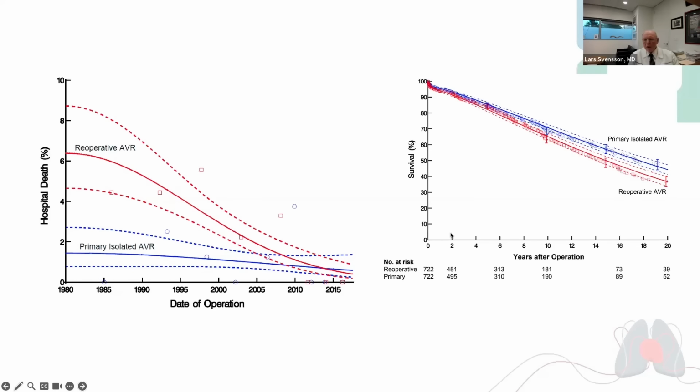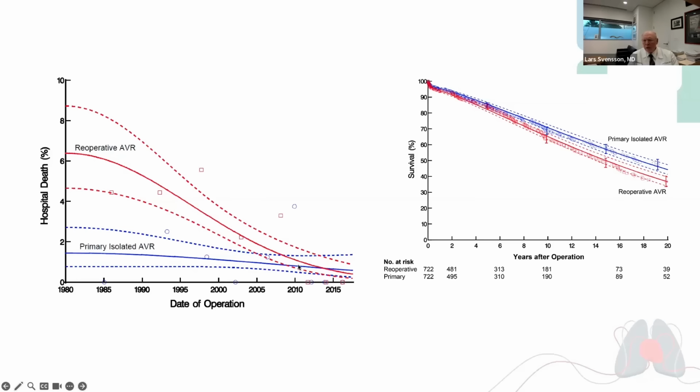One other comment for those of you who are concerned about biological valves: there is a lot of controversy at the moment within the surgical community, and patients basically are given the option of choosing between mechanical and biological valves.